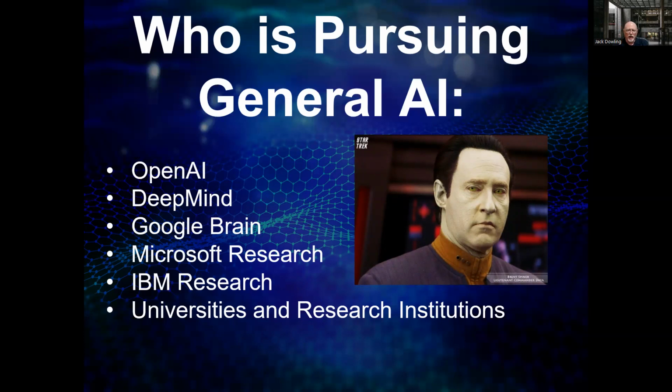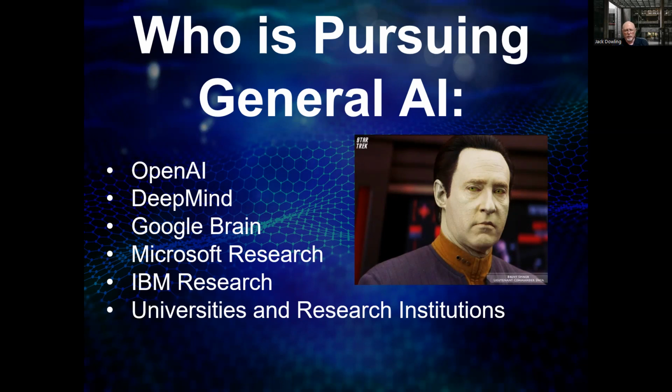DeepMind is a subsidiary of Alphabet, Google's parent company, and they focus on artificial intelligence research, including efforts towards AGI. Google Brain is a research team within Google. They explore various aspects of AI and machine learning. While they're focusing on specific applications, they've also shown interest in AGI and its broader implications.